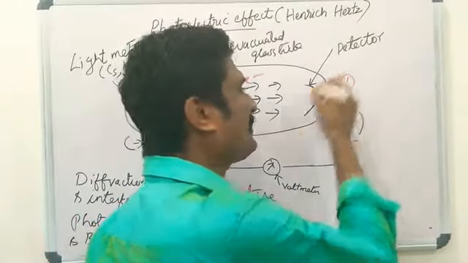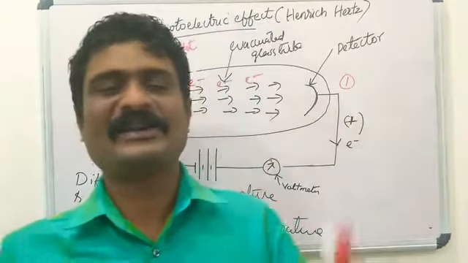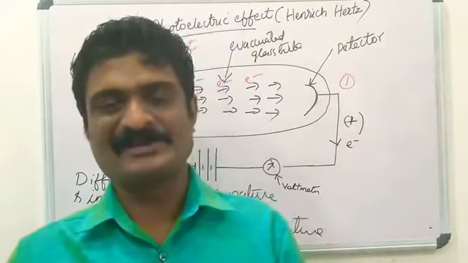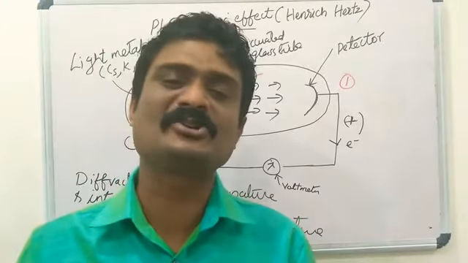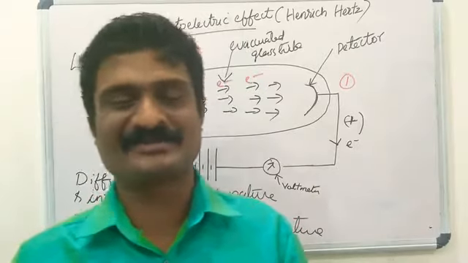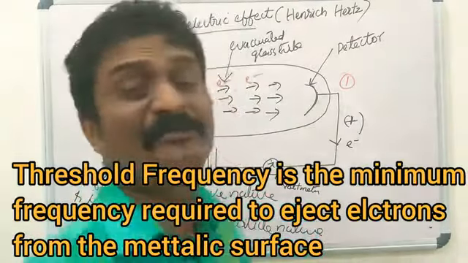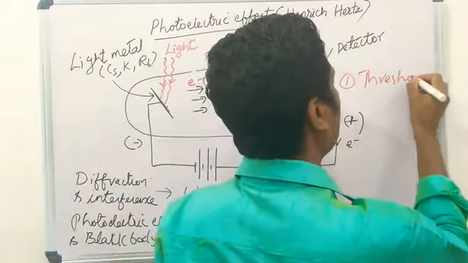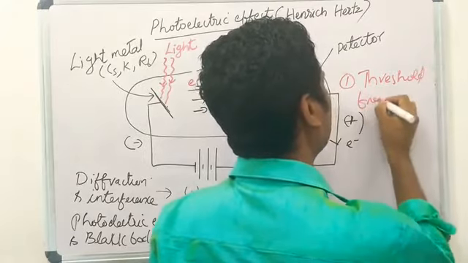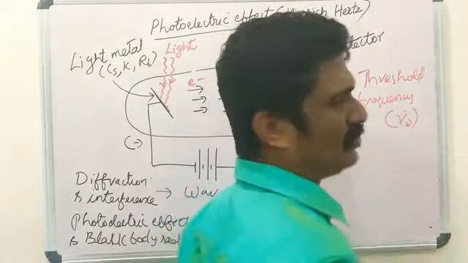First observation, Heinrich Hertz observed that for each metal, a certain minimum frequency of light is required to eject electrons. This minimum frequency is called threshold frequency, its symbol is nu zero.